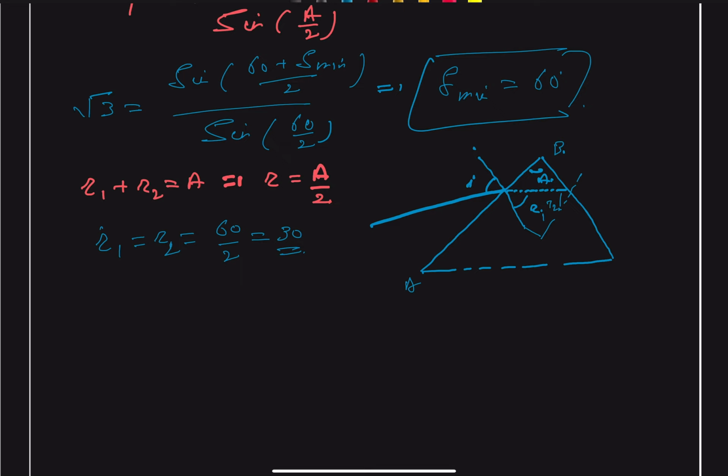Therefore we can use Snell's law. Let us suppose this is our I1, the refractive index here is mu2 and this is mu1.